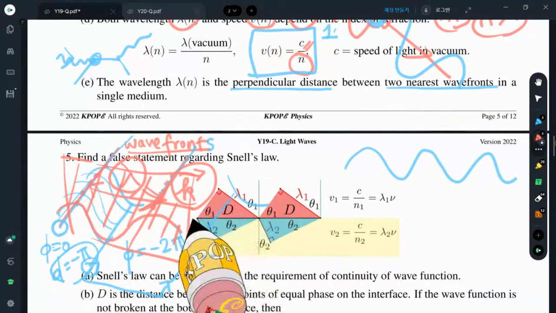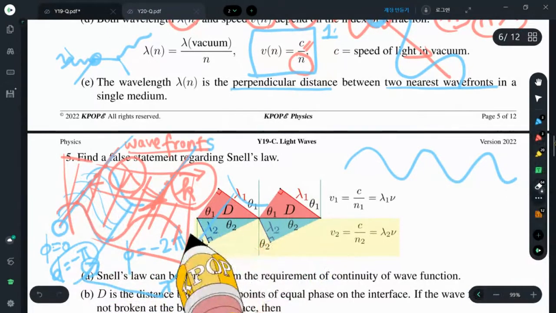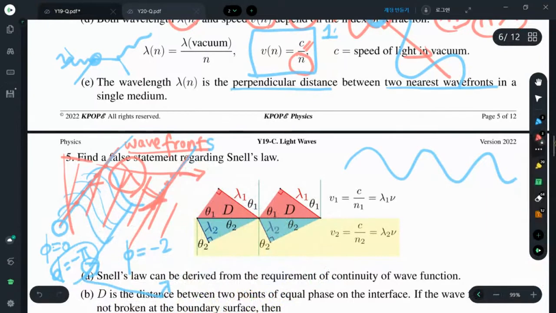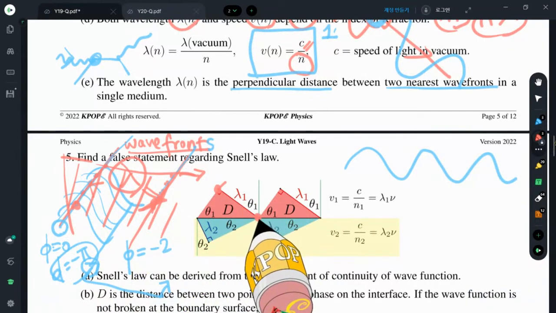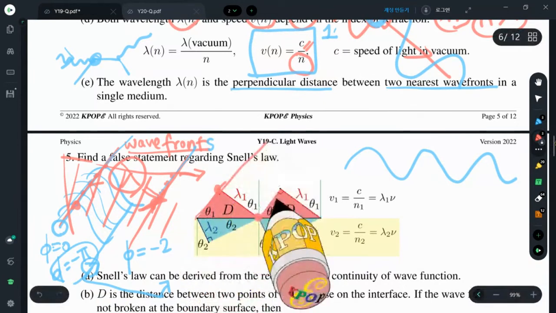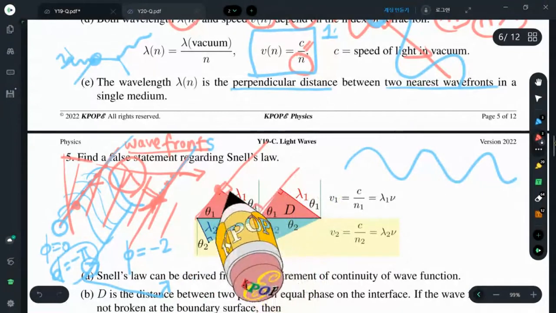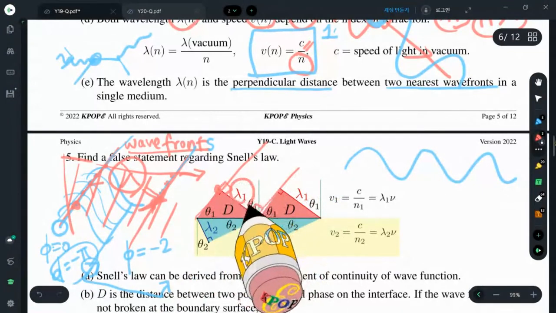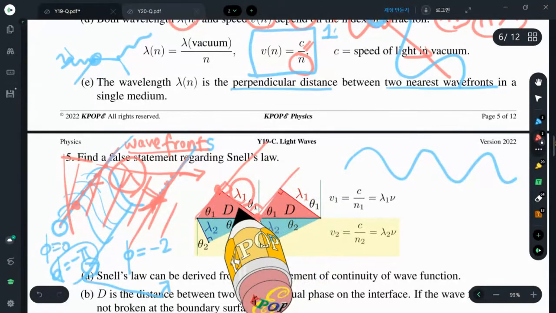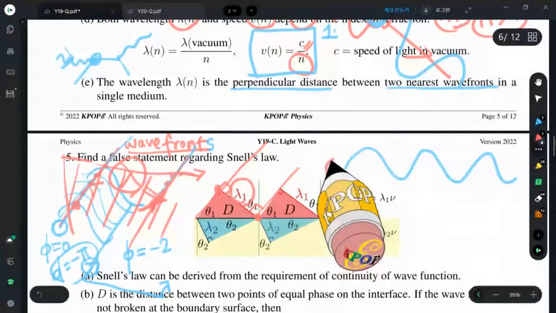In this plane, I can find there are two wavefronts described this way. So the perpendicular distance between the two wavefronts is the wavelength in medium 1.